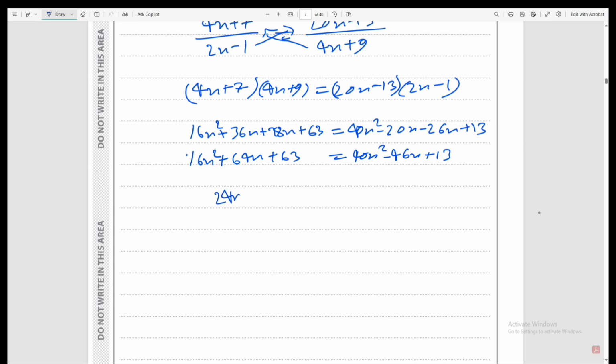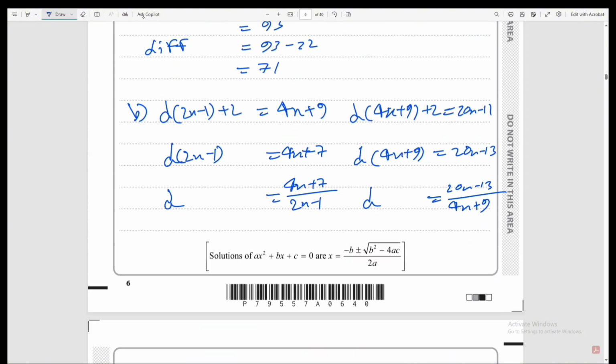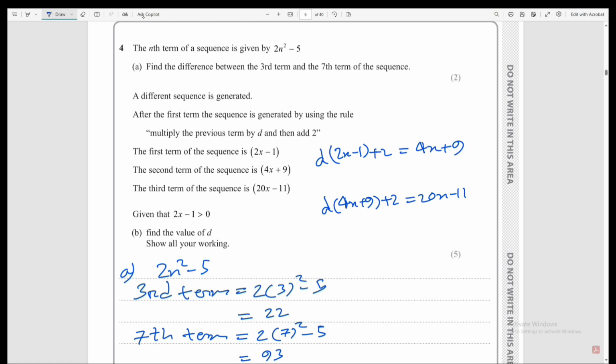We get 24x squared minus 110x minus 50 equals 0. If we put them in a quadratic calculator, or use the quadratic formula, we get x equals 5 or x equals minus 5 by 12.